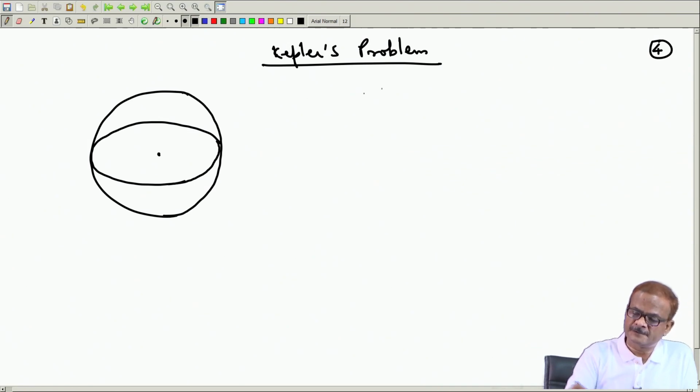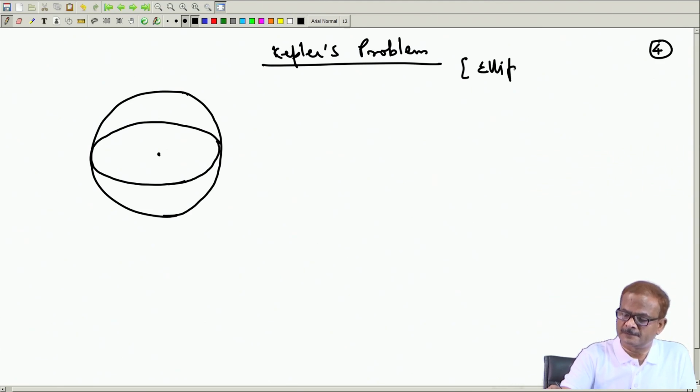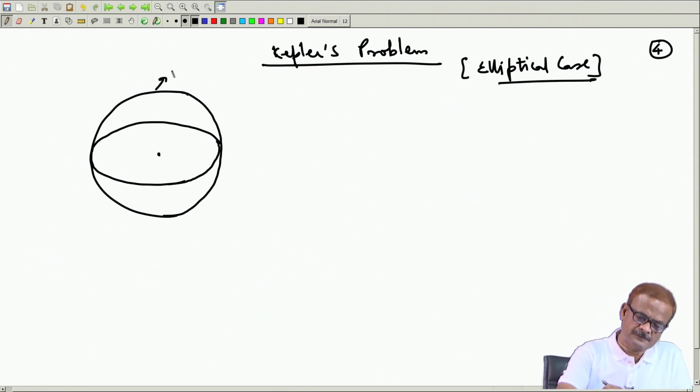We were discussing Kepler's problem here for the elliptical case, and this we have written as the auxiliary circle or circumscribing circle, and this is our ellipse.